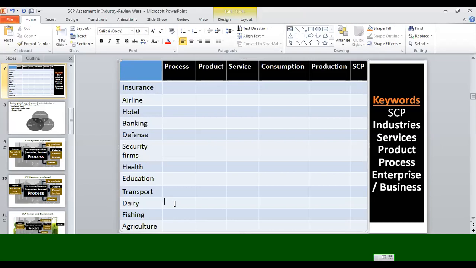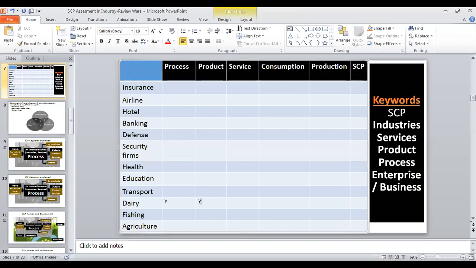Processes, yes. Products, yes. How about service? Consumption related?